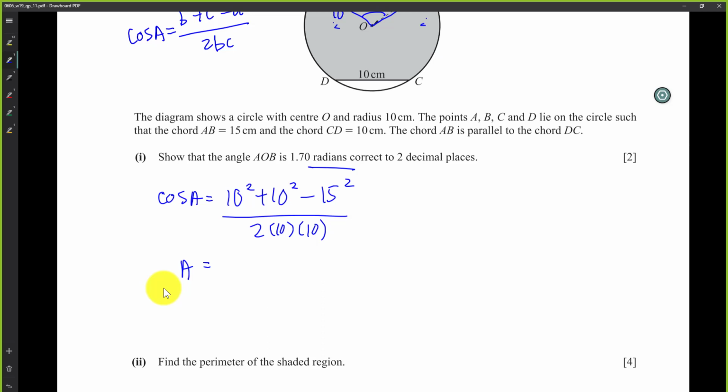Then I type the fraction 10 squared plus 10 squared minus 15 squared over 200. So it's 1.69, and I round off to 1.70 radians. If the question asks you to show, then I will just write shown.